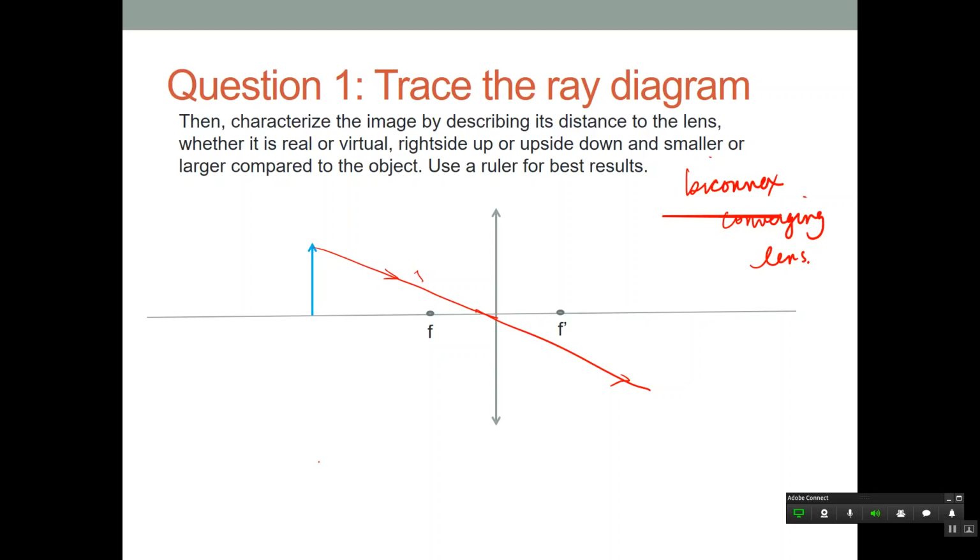So let's go with one of the parallel ones. Parallel. And so how do I choose which focal point to go to? It has to converge, so that means it has to go towards this one. Converging means that it takes light and funnels it. All right.